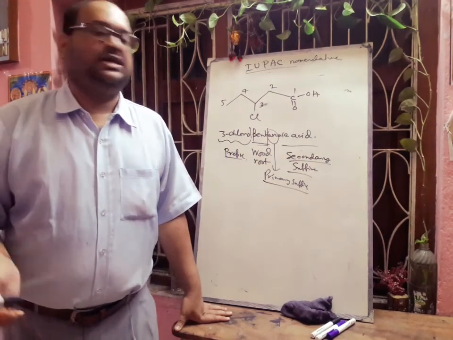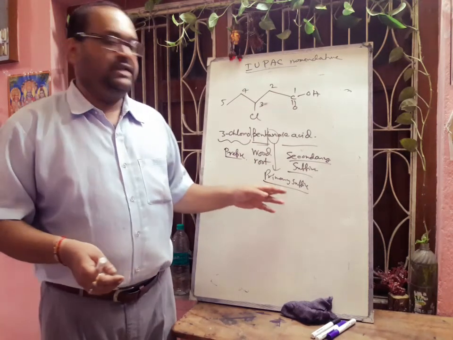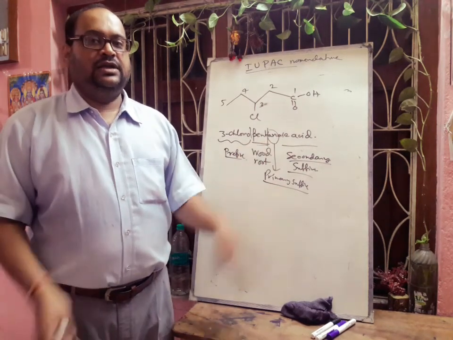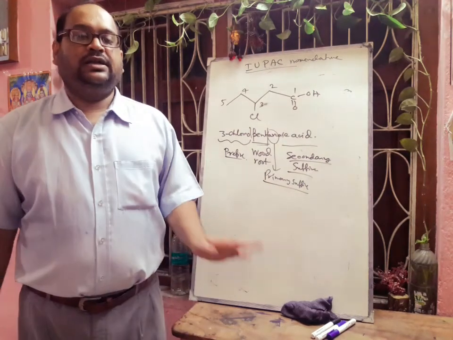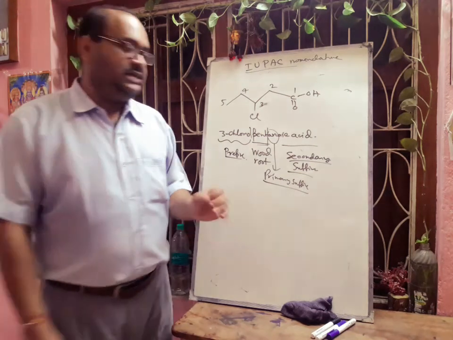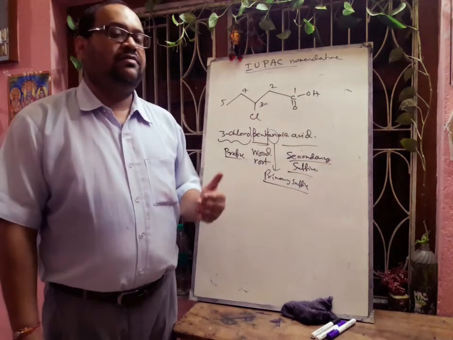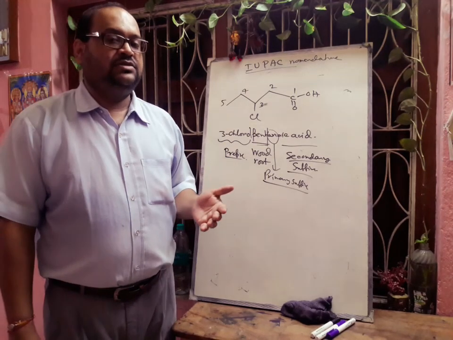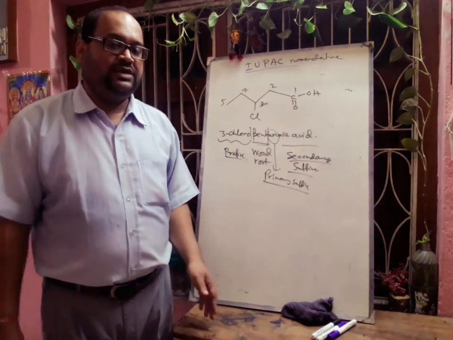Again I am telling, first will be the prefix, then the word root, then the primary suffix, and then the secondary suffix. Hope you can understand, and many examples are already given in your book. You have to practice, and next day we will start from the IUPAC nomenclature of alkane. Then we will go for unsaturated alkene and alkyne. Next we will go to the functional groups. So today up to this, thank you.